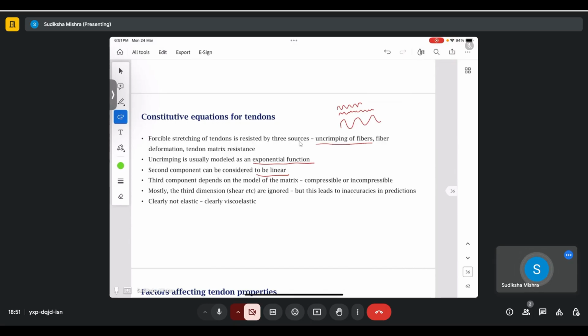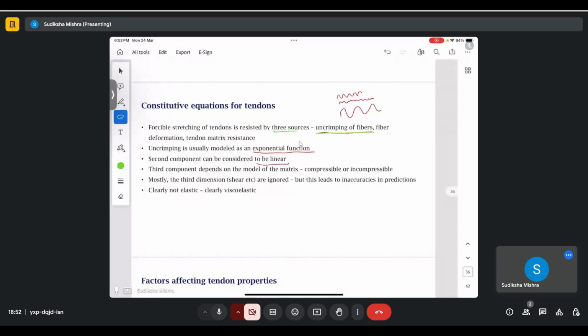So, tendons also have a limit. The forcible stretching of tendons is resisted essentially by three sources: uncrimping of fibers, fiber deformation, and tendon matrix resistance. These three sources can be modeled differently.